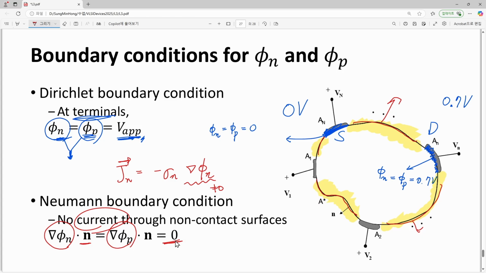And at the later part, we have introduced electron quasi-Fermi potential and hole quasi-Fermi potential, and by using these quasi-Fermi potentials, our drift and diffusion components can be merged into quite a unified form, and that is quite convenient for our later use.